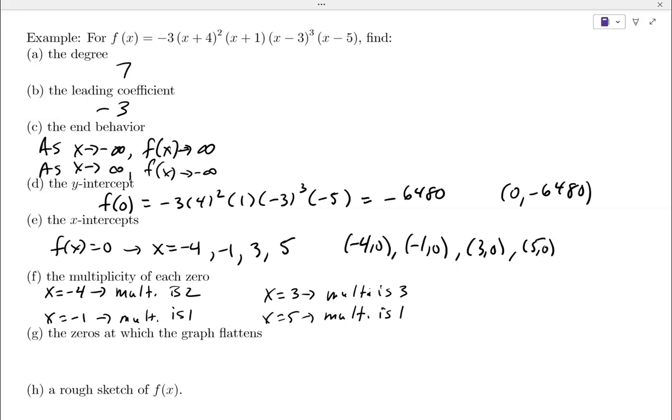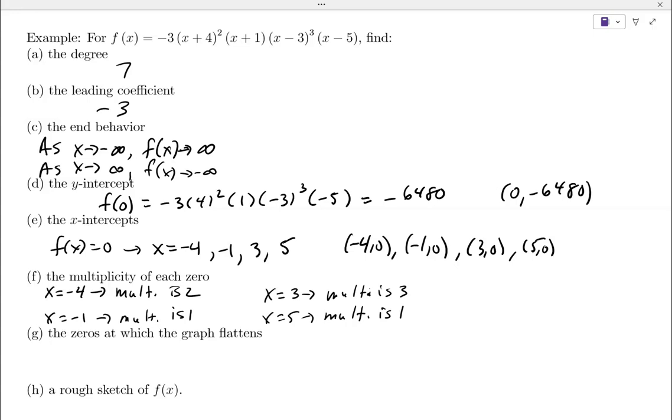For example, the x equal to 3 came from the x minus 3 factor that has a power of 3 on it, so that's where that multiplicity comes from. The x plus 4 is where the x equals negative 4 came from. It has a power of 2 on there, so the multiplicity is 2. So it's literally just the powers that are on the factors. So far, so good? Okay.